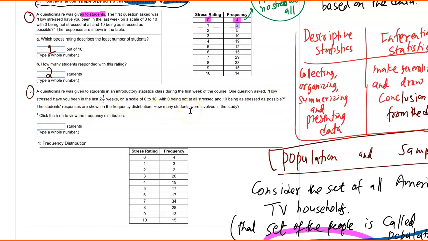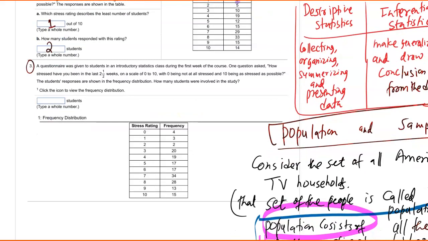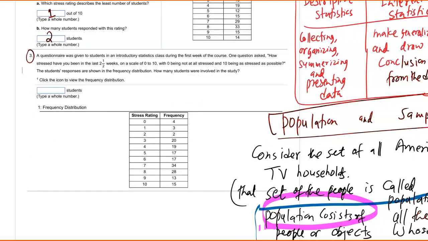How many students were involved in this study? What you have to do is, the frequencies here are the total number of students. You add them up. If you add all these numbers, you get total frequency equals 172.